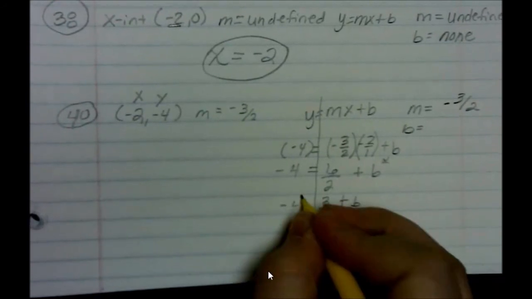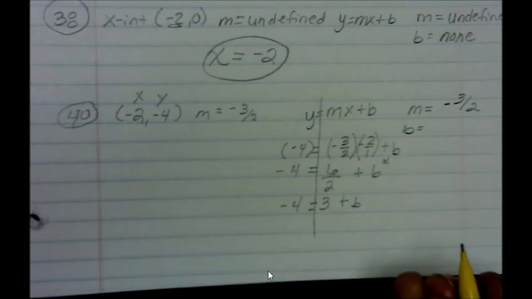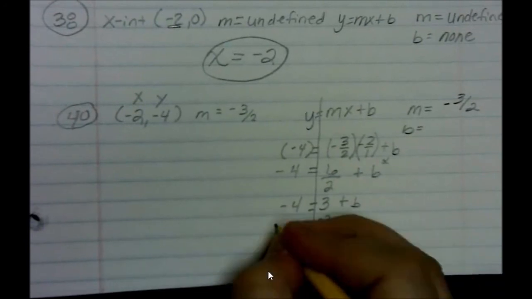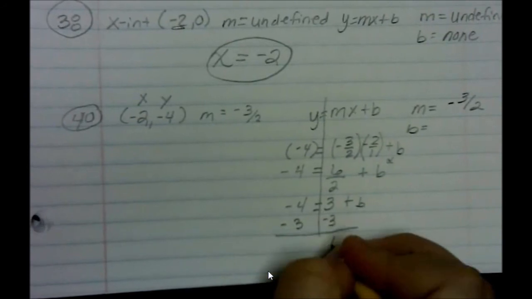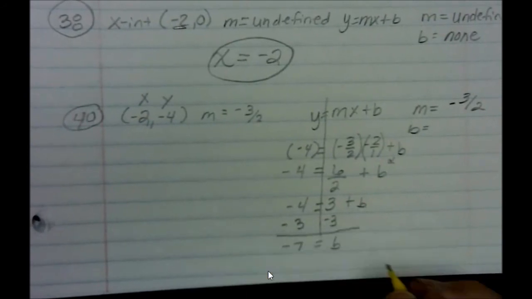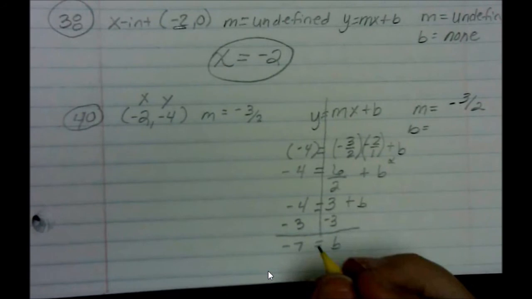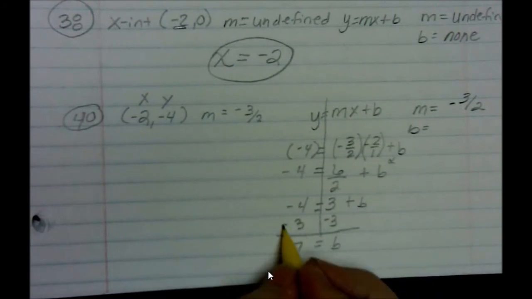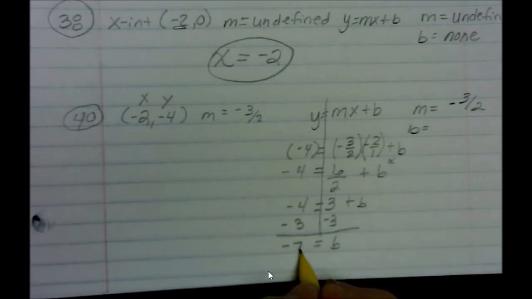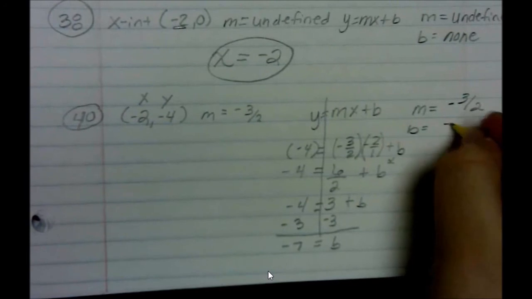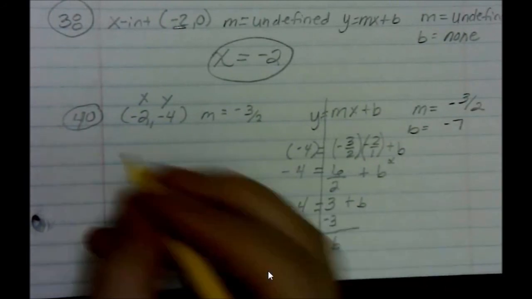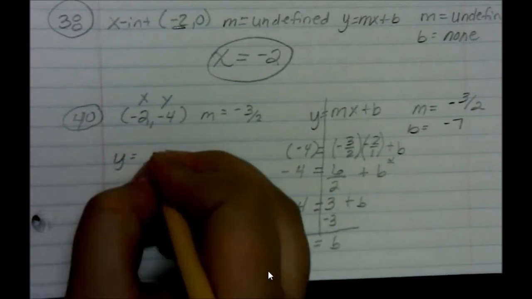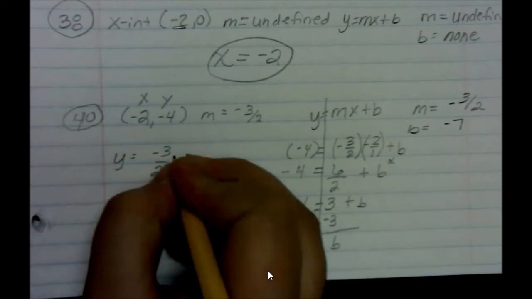Now to get that b by itself, we're going to subtract 3 from each side to give me b equals -7. Be careful of your signs. -4 minus 3 is -7. So now I'm going to write my equation of the line, which is y equals -3/2x minus 7.